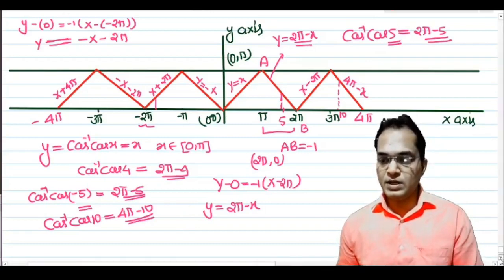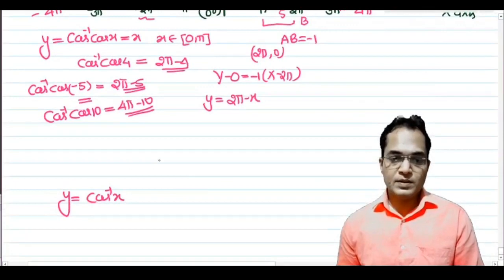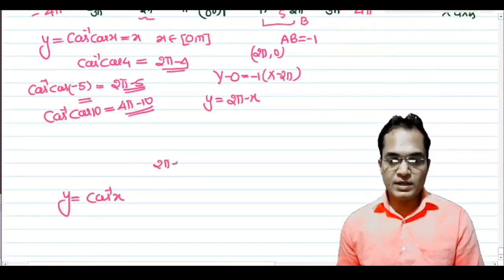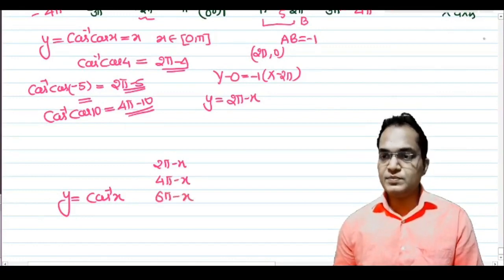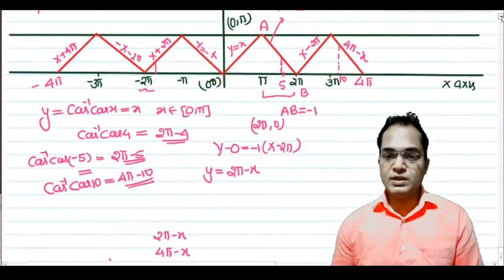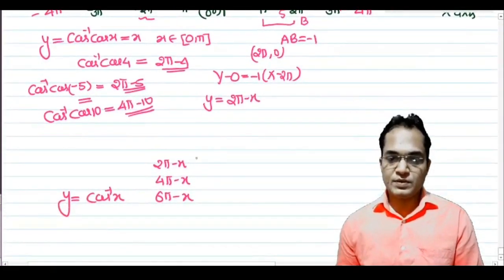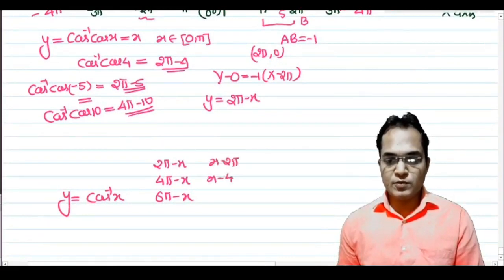Write it down here: 2 pi minus x, 4 pi minus x, 6 pi minus x. Got it? And the second type you can observe is x minus 2 pi, x minus 4 pi, x minus 6 pi.